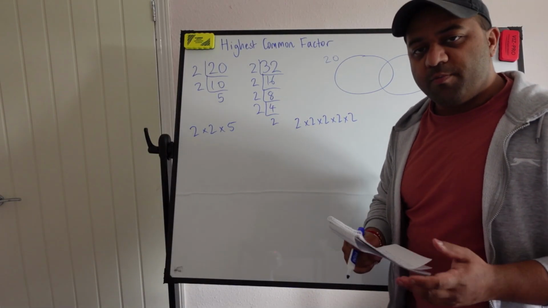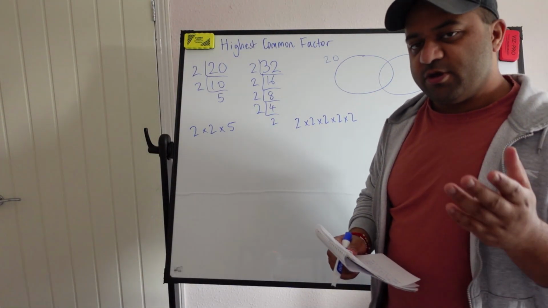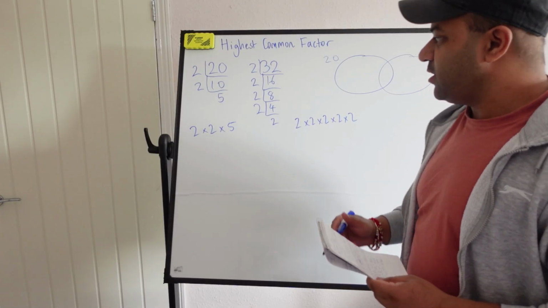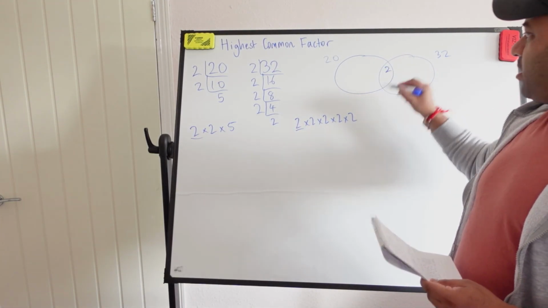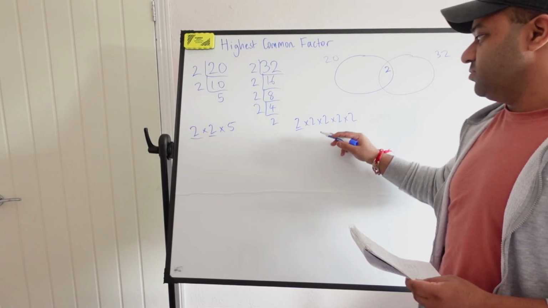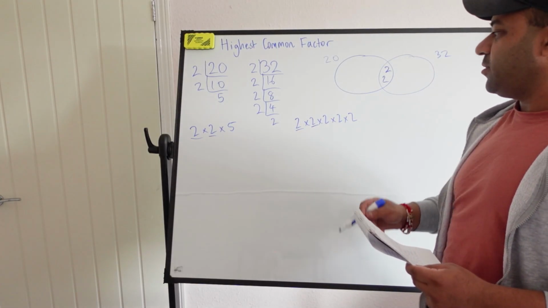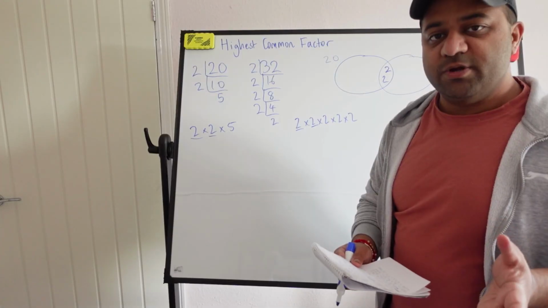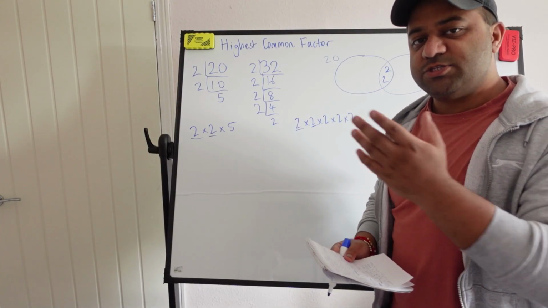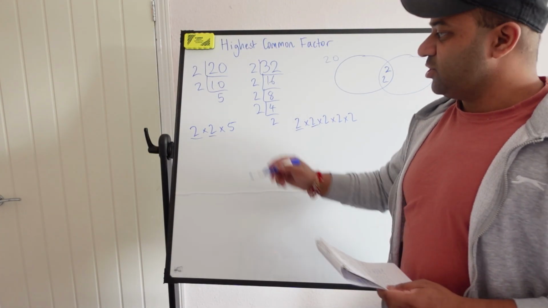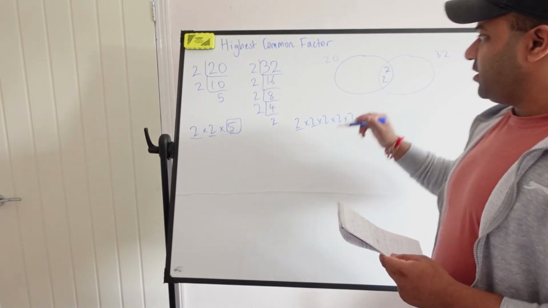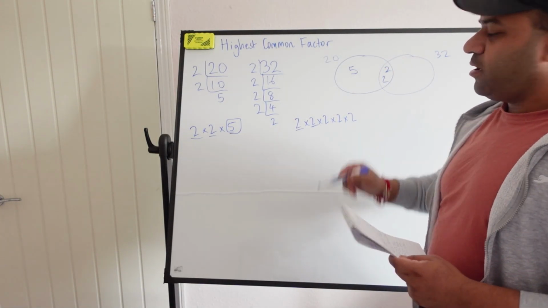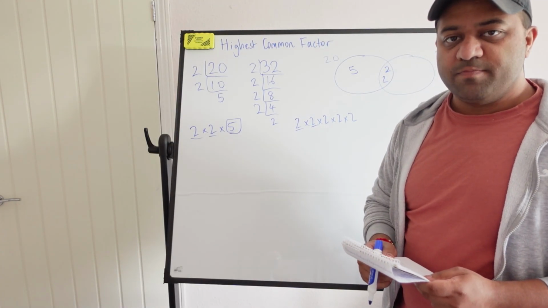So what number is common to both of 20 and 32? That would be this number 2 and this number 2 as well. All the remaining numbers are unique to each separate number. So this number 5 is unique to the 20, so that will go in this section of the Venn diagram.